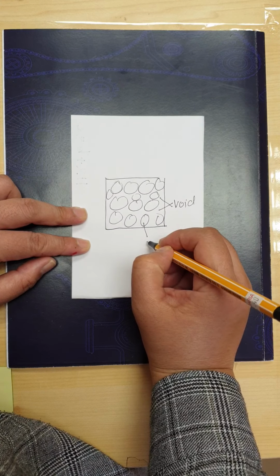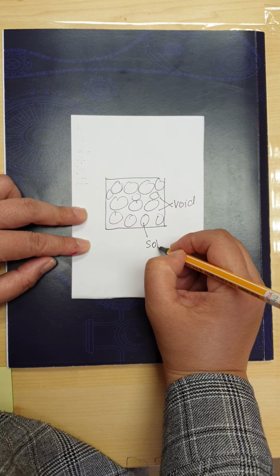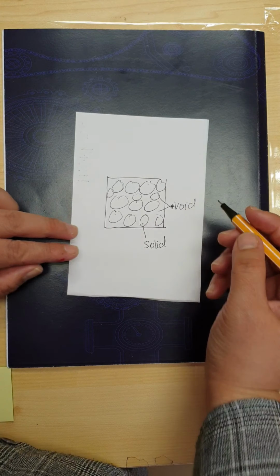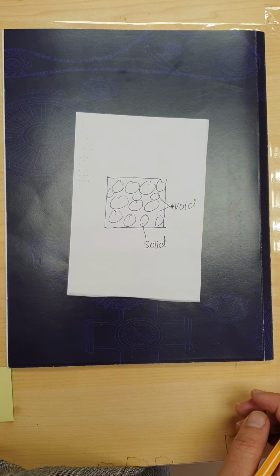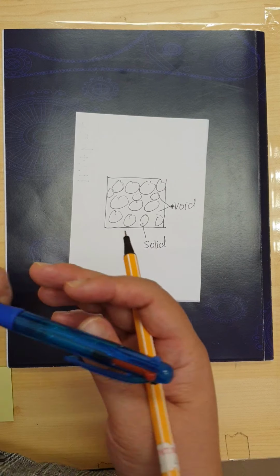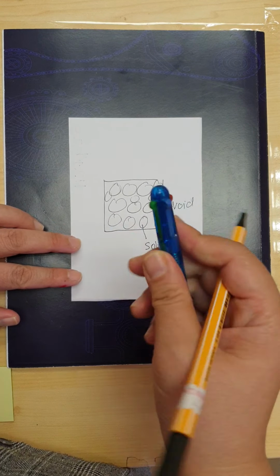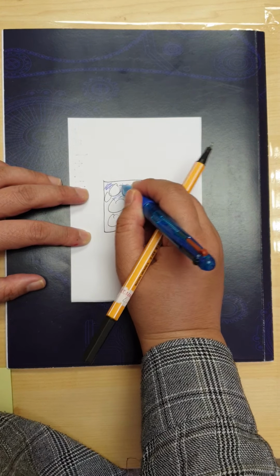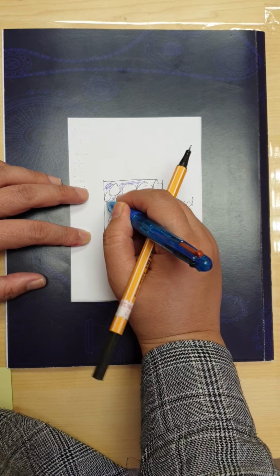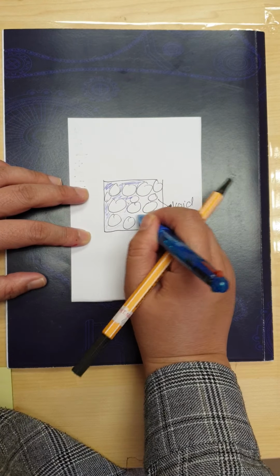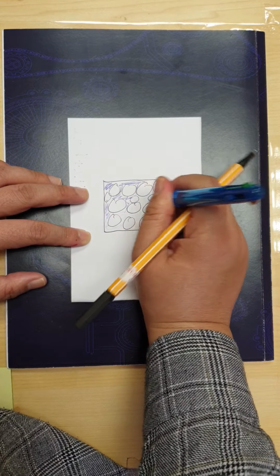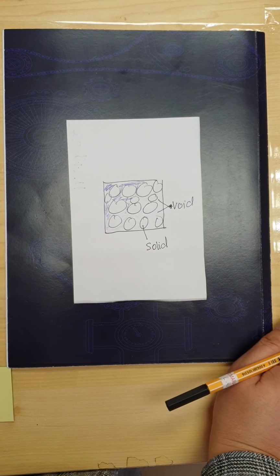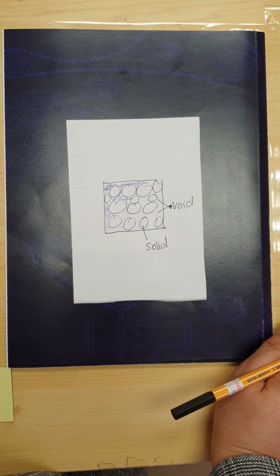This particle we call soil solid, and we know that this void can be occupied by either water or air. Most of the soil void will be occupied by water if your groundwater table is up there.